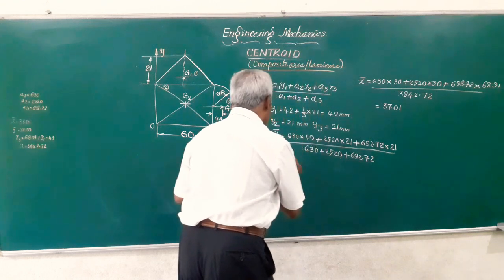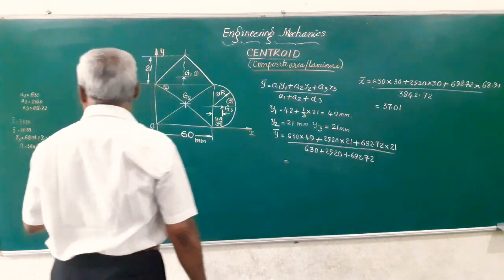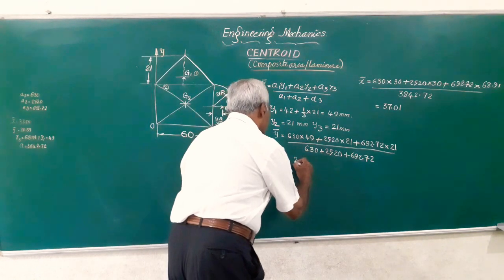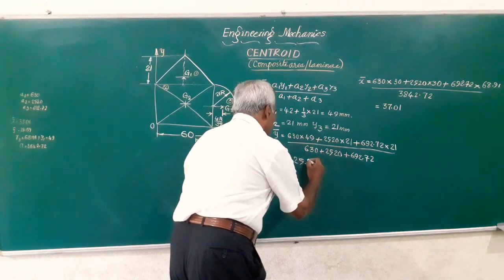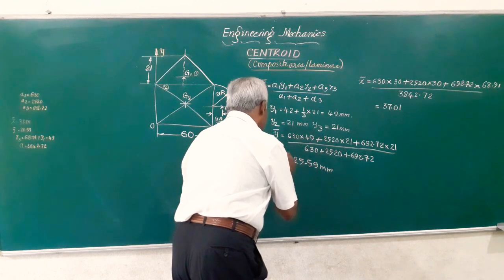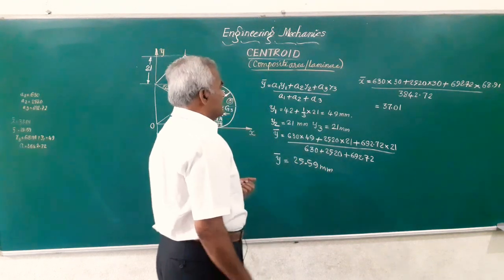Friends, if you simplify, you get this value of y bar as 25.59 millimeter. That is the distance of the centroid from the x-axis.